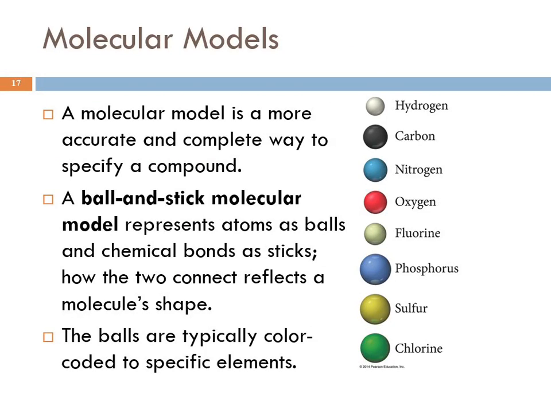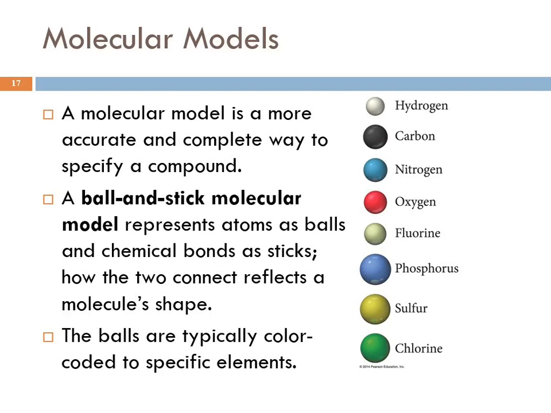Another way to represent compounds is using molecular models. And we have several different types of models. Ball and stick molecular models use balls to represent the atoms and sticks to represent the bonds. And we can put them together in a way that not only shows how they're connected, like the structural formula does, but how they're arranged in three-dimensional space, so the shape of it.